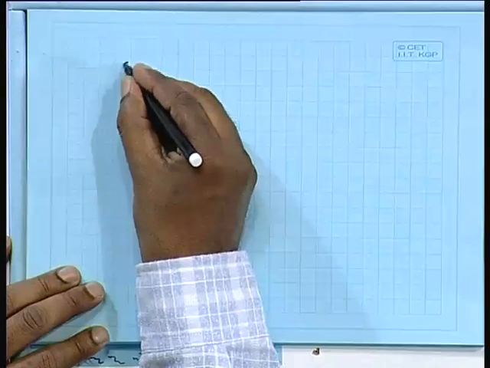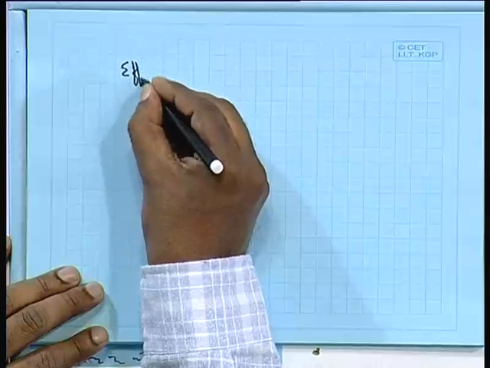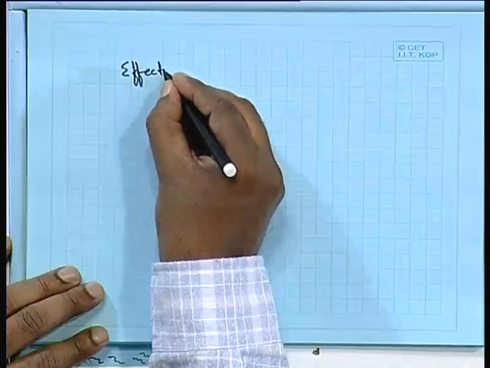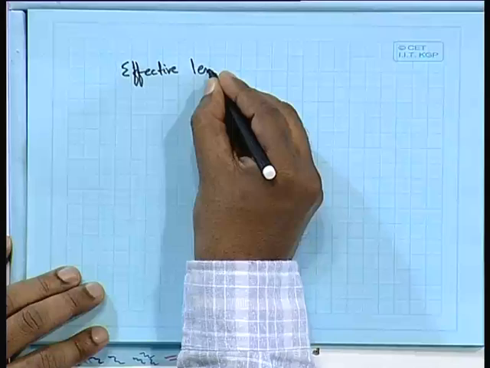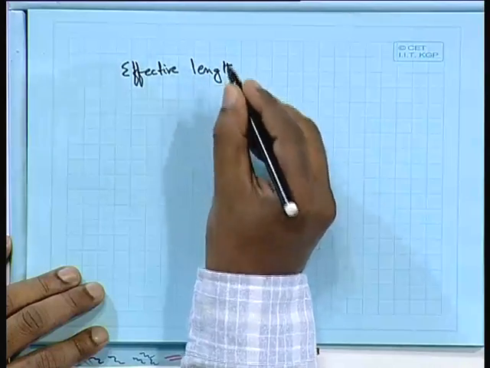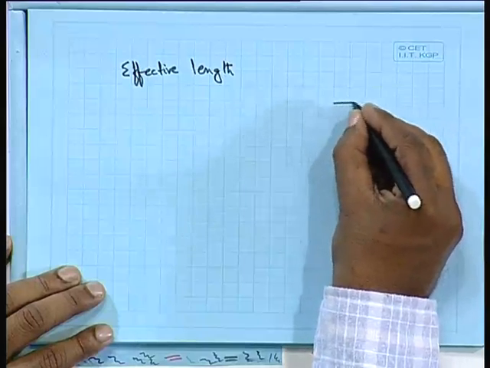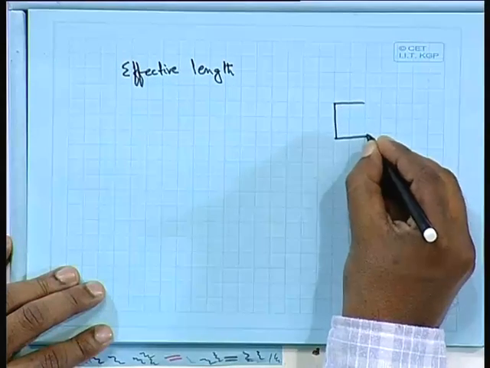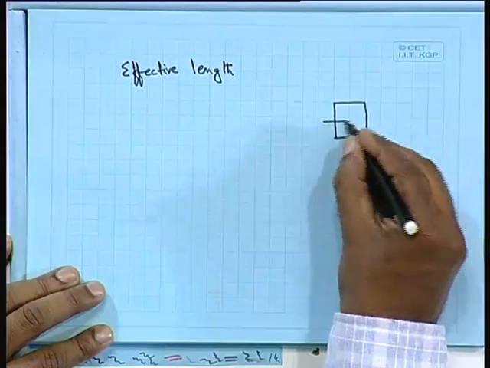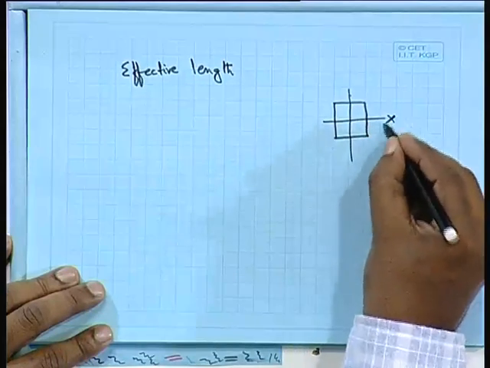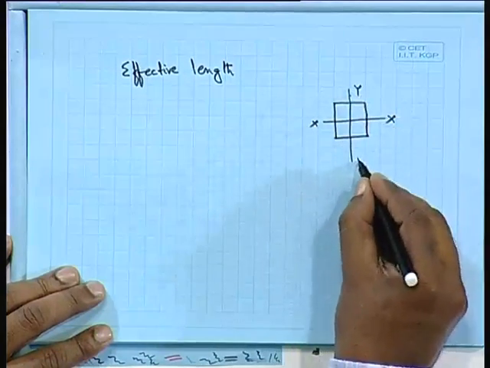Now, come to the design of RC slender columns. Before that, we should know why we really need it. That means we have to know the effective length or effective height, whatever you call it. Effective length of a column depends on the plan or cross section, with x and y.